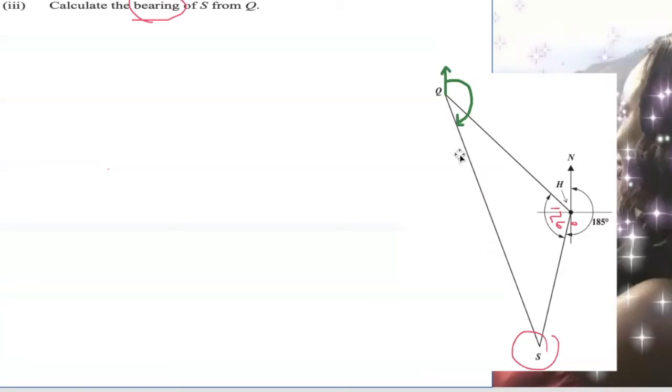So we're trying to calculate the bearing of S from Q. So the starting point is Q. So we want to know, starting at Q, what is the angle that is created here? Now, how are we going to find this angle? First thing that we're going to do is look at right here.